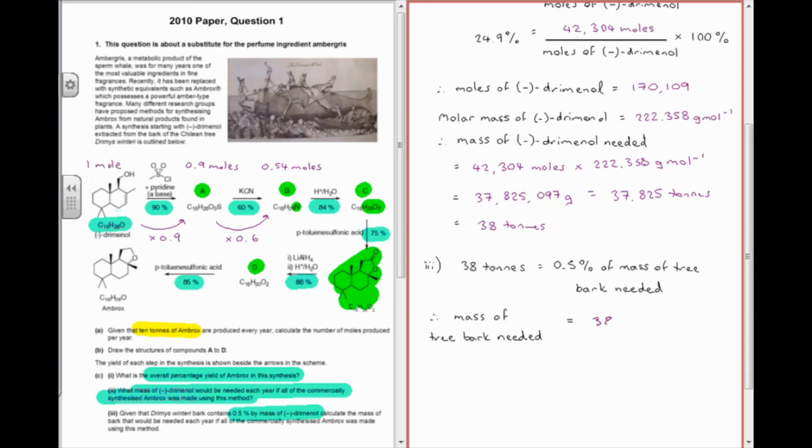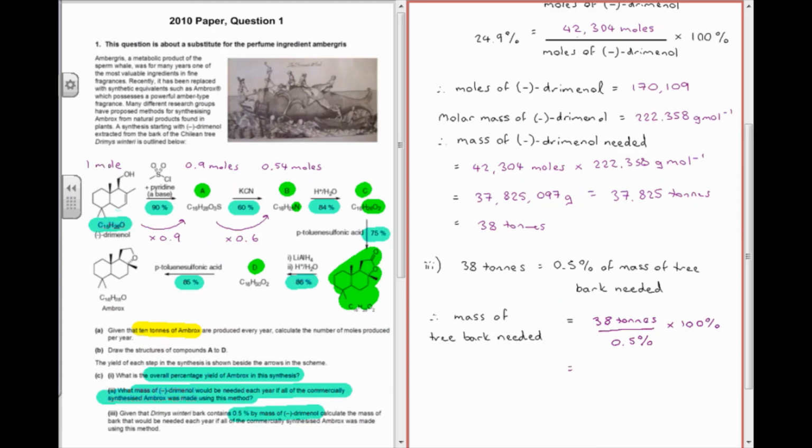And so we can calculate the mass of tree bark needed by simply working out what 100% would be. So 38 tonnes is equal to 0.5%, so we can divide it by 0.5% and then times by 100% to find out what 100% would be.